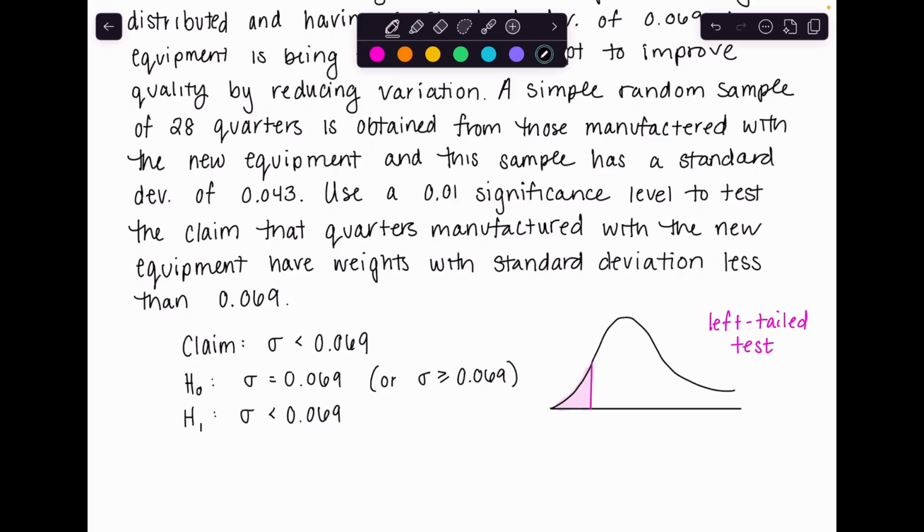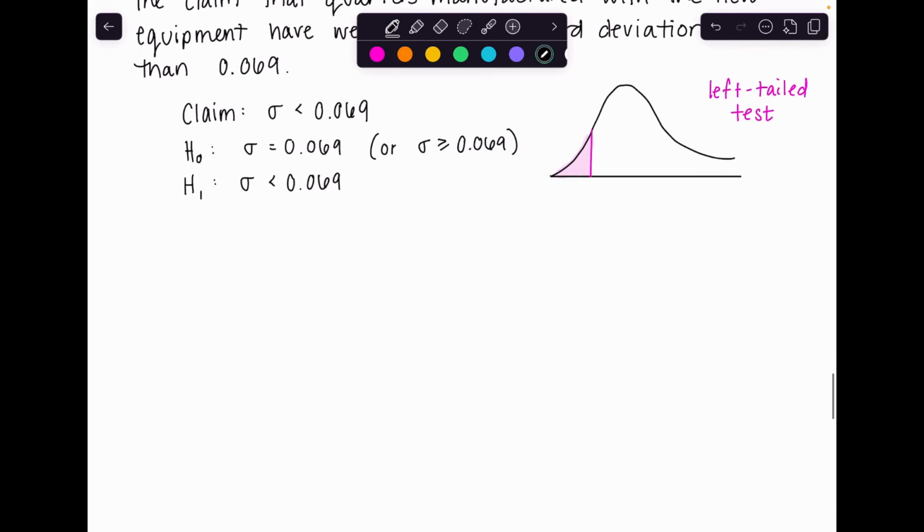So I'm going to go through and label all of our things. They told us the sample size that we took is from 28 quarters, which means our degrees of freedom is 27. The standard deviation is 0.069, and our sample standard deviation from these selected quarters is smaller at 0.043.